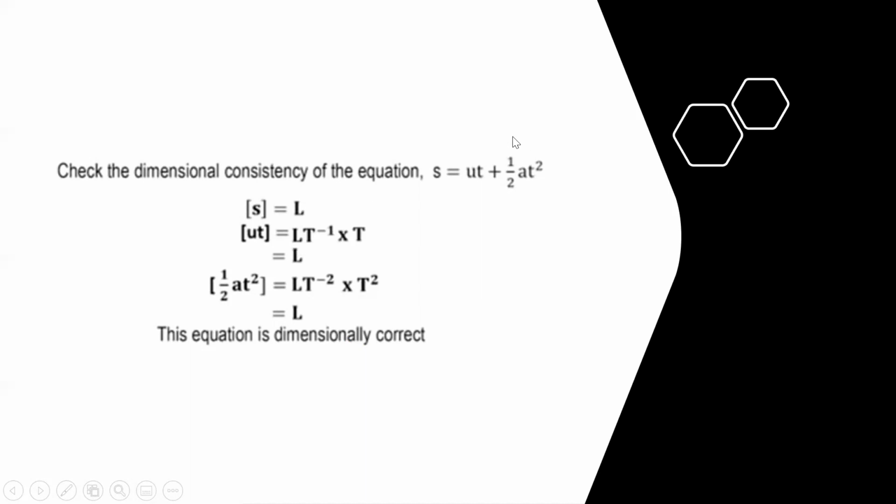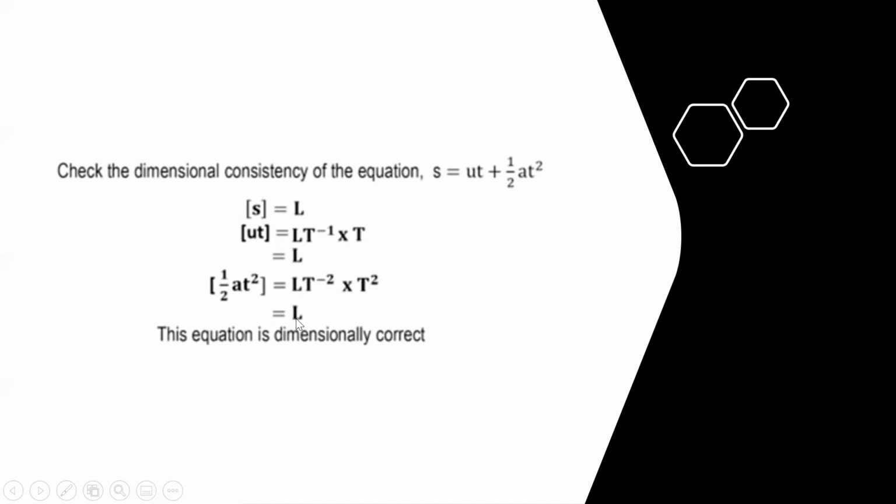Now let us take half at square. Half doesn't have any dimension. It's a number. Then a, acceleration. So L t raised to minus 2 into t square. So t square, minus 2 plus 2, again 0.